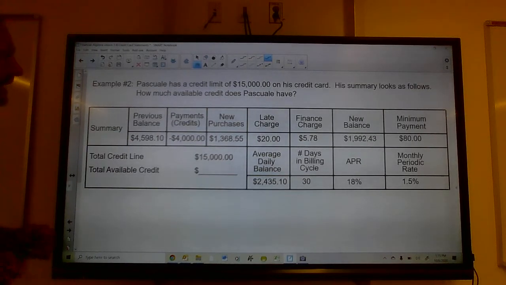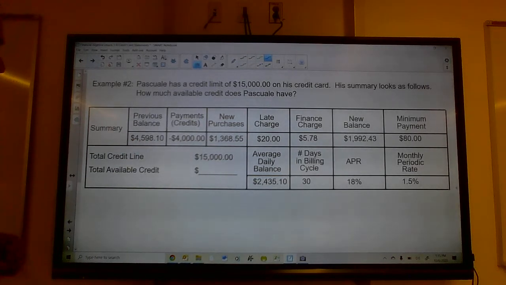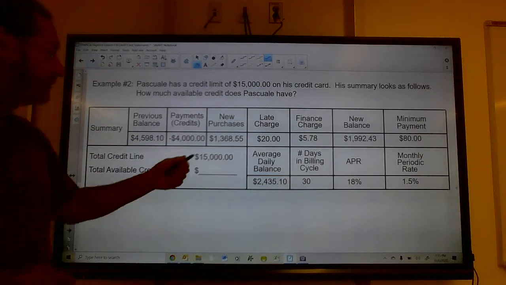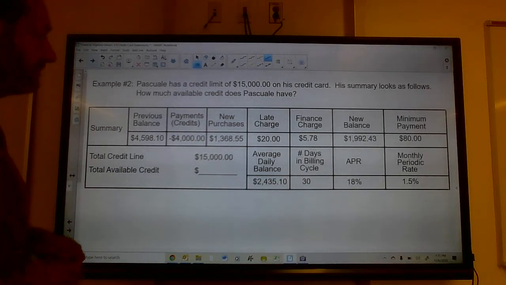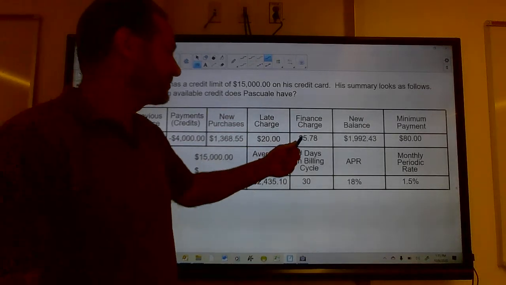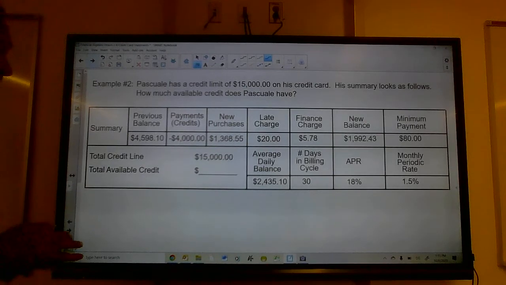All right, Pasquale has a credit limit of $15,000 on his credit card. His summary looks as follows. So he had a balance of $4,598.10. He made a $4,000 payment. He purchased $1,368.55 worth of new stuff. He had a late charge of $20. He had a finance charge of $5.78. So let's check and make sure that this new balance is correct here.